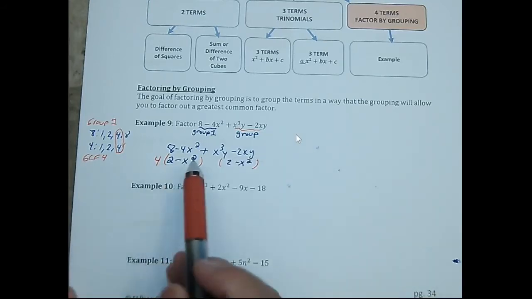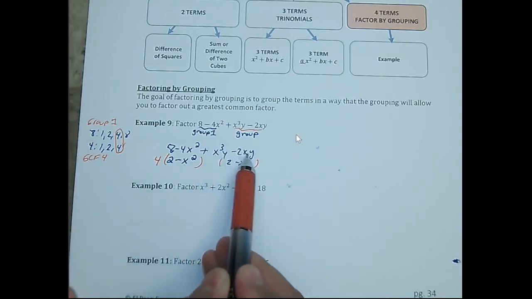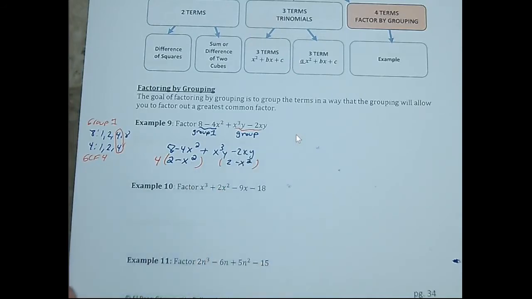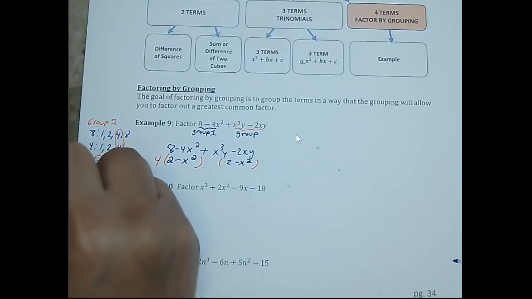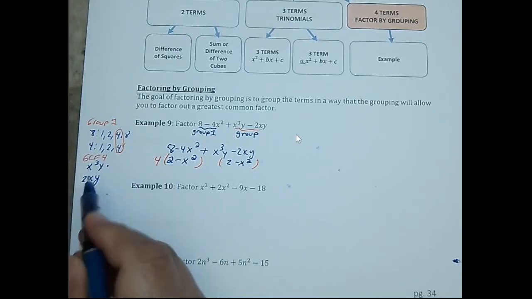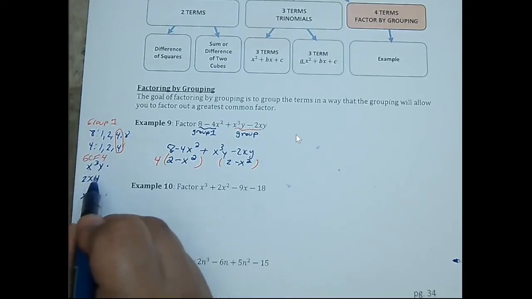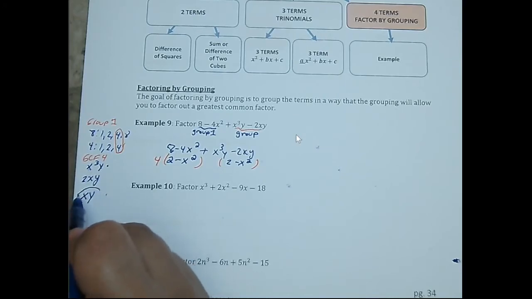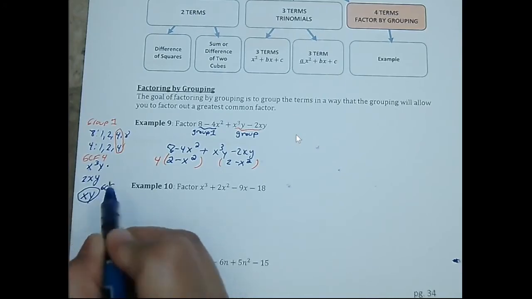And so if we look at x cubed y minus 2xy, let's go ahead and look at what the GCF is for that. They both have x's in common, so we're going to use one x, and they have a y in common. So we're going to use xy as our GCF.